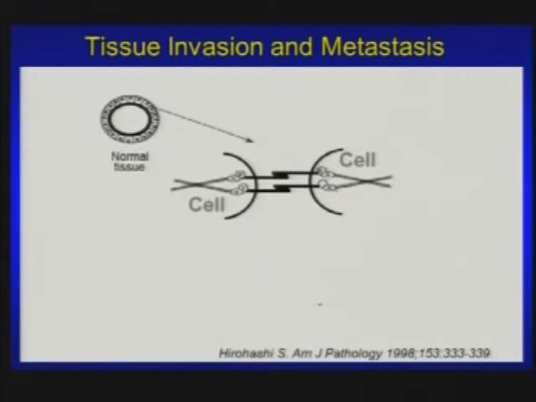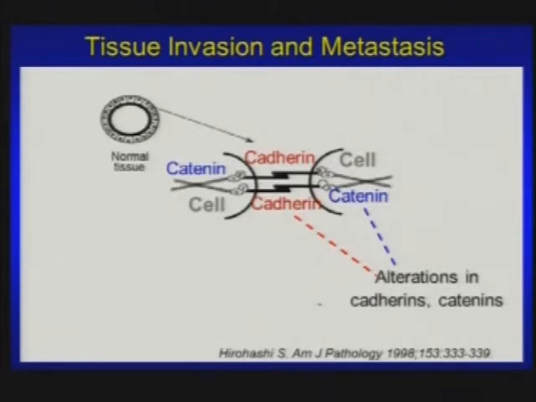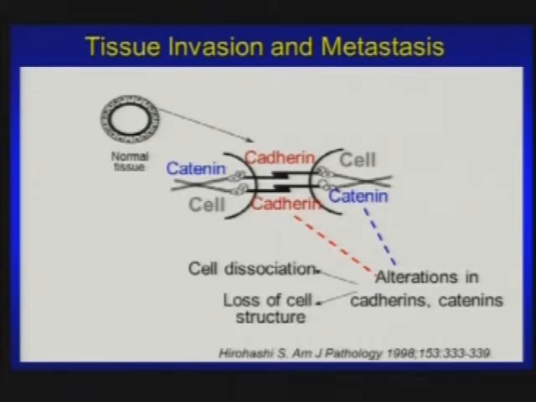So if we look closer here at this cartoon of the normal tissue, and you slice it, cut it, and open it up, and look here at the junctions between the cells, you can see that cadherins form these cell-to-cell bridges, protein bridges between the cell. And they're anchored to the cell's cytoskeleton through catenins. Alterations in either catenins or cadherins, as you can see, would allow the cells to dissociate from each other, and they would lose their cell structure.